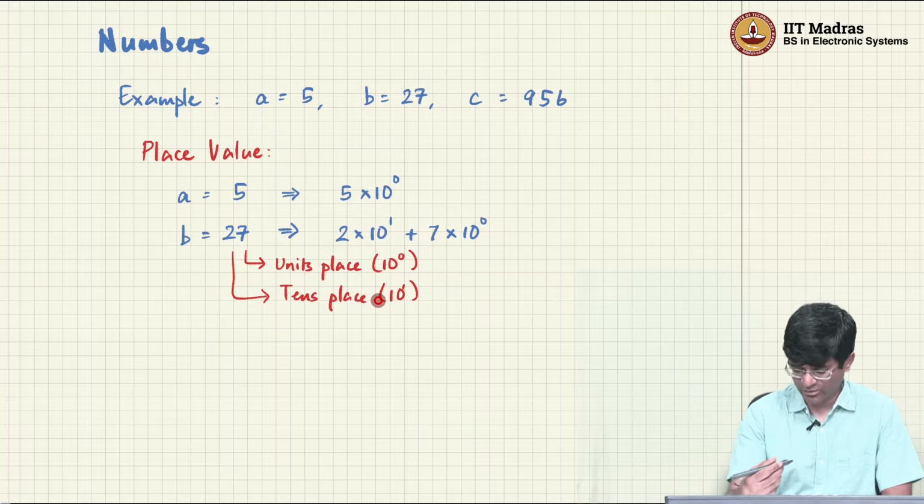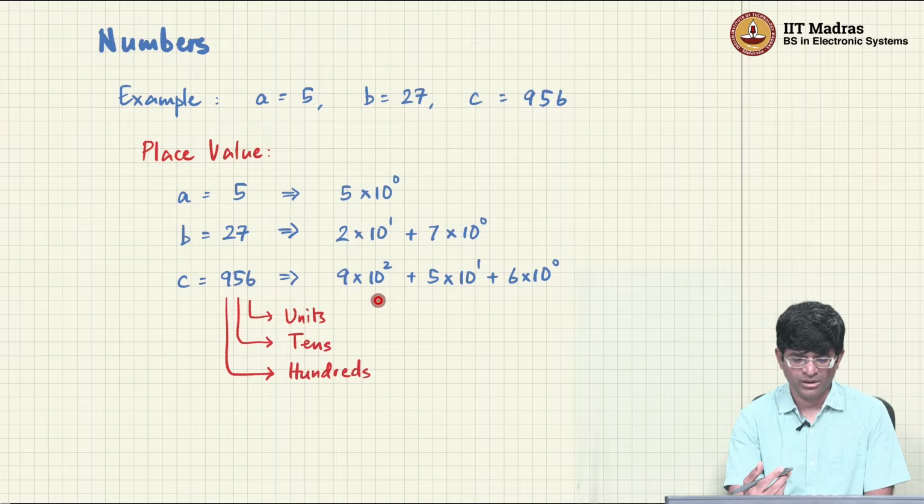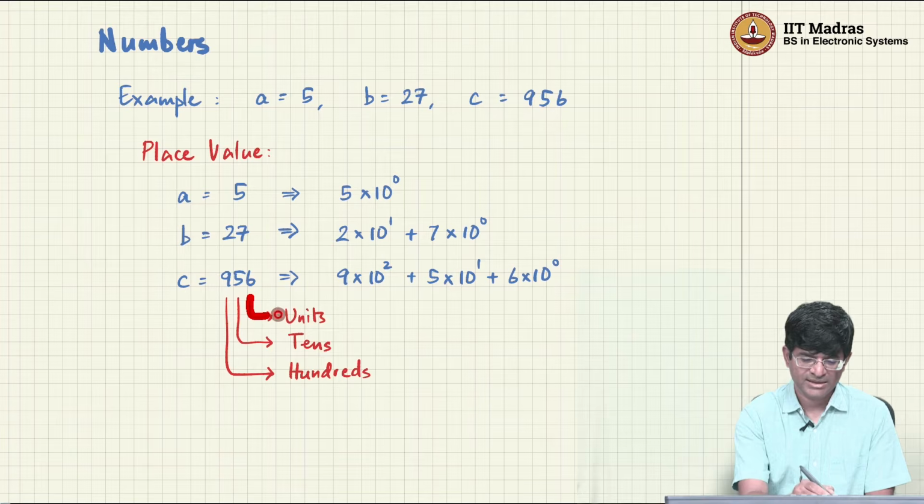Of course, by now we have been using these numbers for so long that we no longer think explicitly about the place values. But it's good to recollect that in order to understand how we are going to do the same thing with computers. So taking the same thing one step forward, 956 has 6 in the ones place, so 6 units, 5 tens and 9 hundreds.